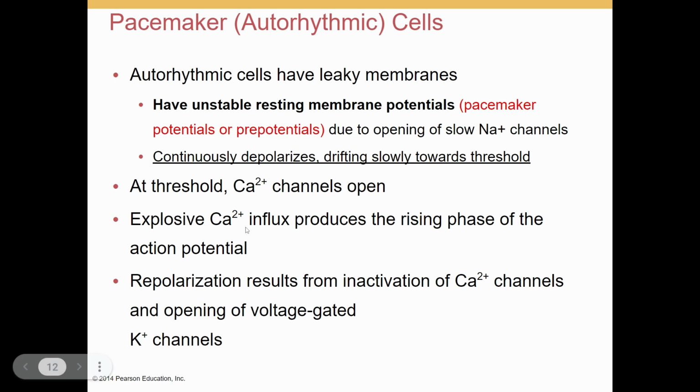And an explosive amount of calcium coming inside during the rising phase of an action potential is going to allow for the firing of these autorhythmic pacemaker cells. Then they repolarize like normal. They'll have to inactivate the calcium channels and open voltage-gated potassium channels in order to reset back towards a more negative pole.